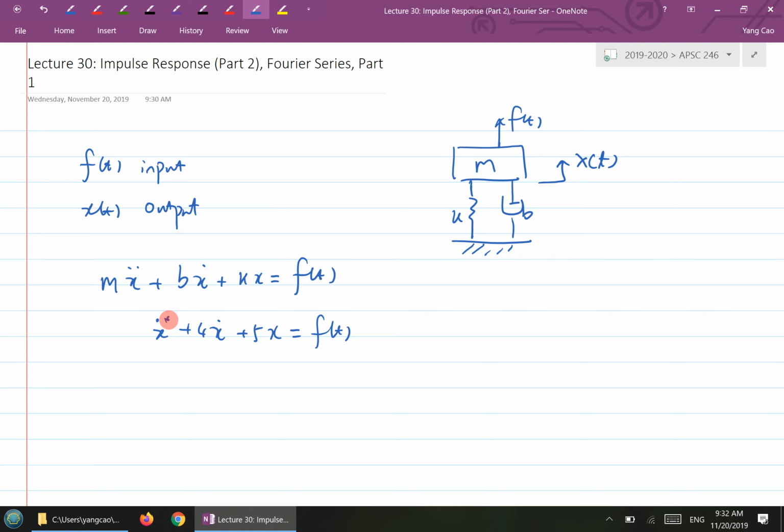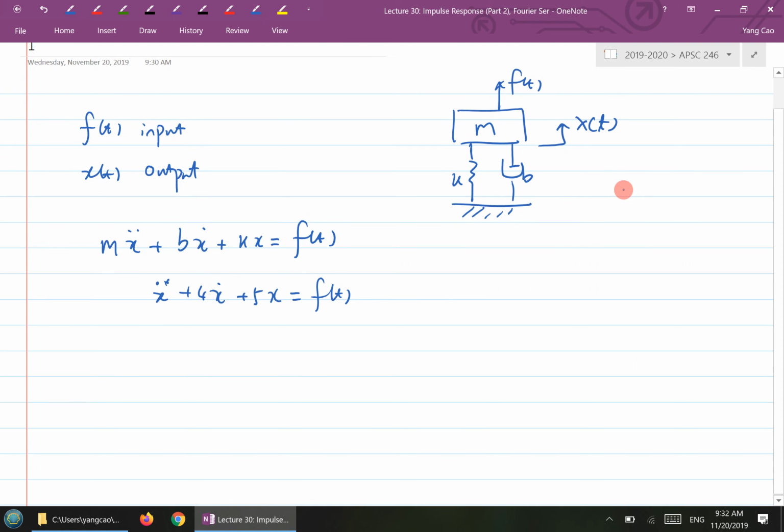So then you get this. The first question is looking for the transfer function. The transfer function is the ratio between the output over the input. Okay. I think in the previous lecture I wrote it as F over X.